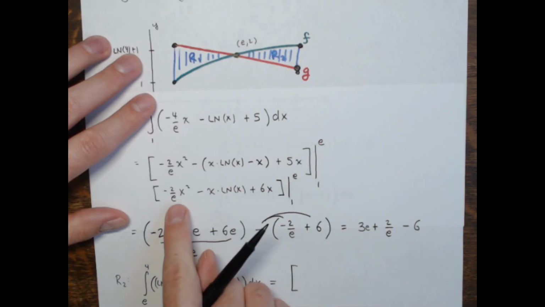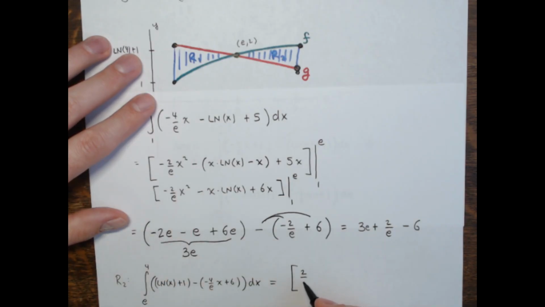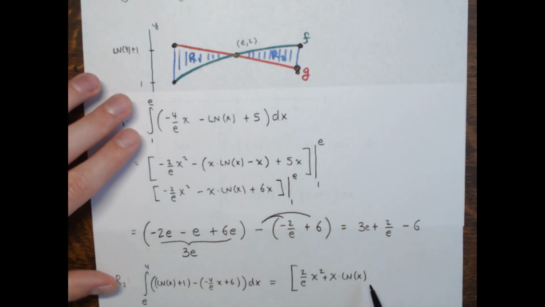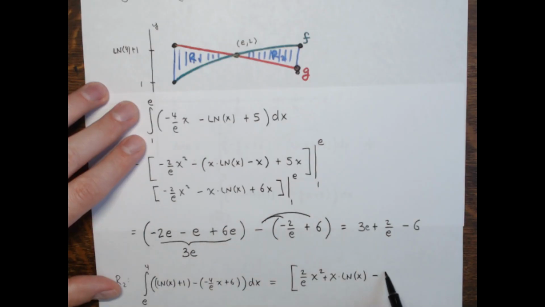So this will be positive 2 over e x squared, and then plus x times the natural log of x. Well, absolute value of x, but these are all positive numbers anyway. And then minus 6x. Again, just the opposite of this one I got earlier when I had it in the other order. And we're going e to 4.